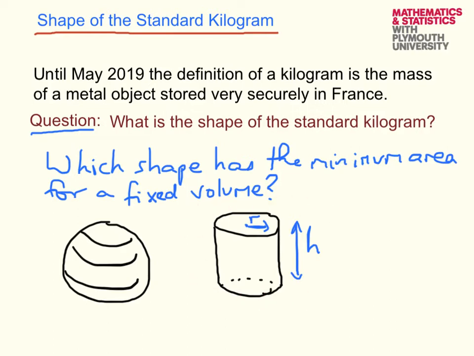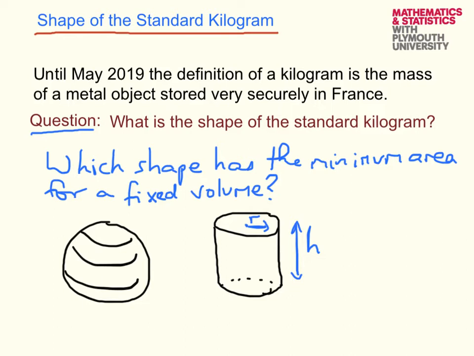And this is what people did. They made a cylinder with a particular radius and a particular height, and this is the shape of the standard kilogram. And there are various copies of it around the world. There are copies in the UK, in the US, in very many countries.